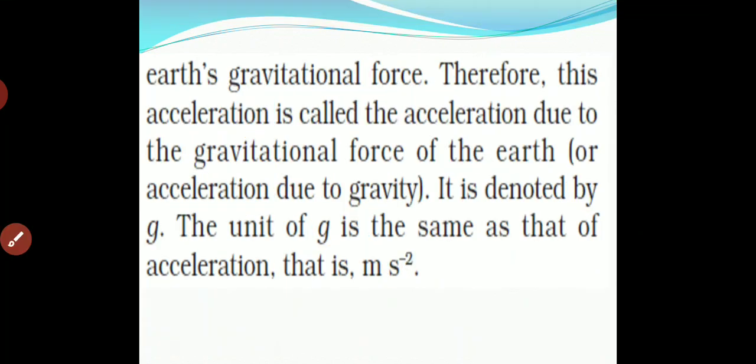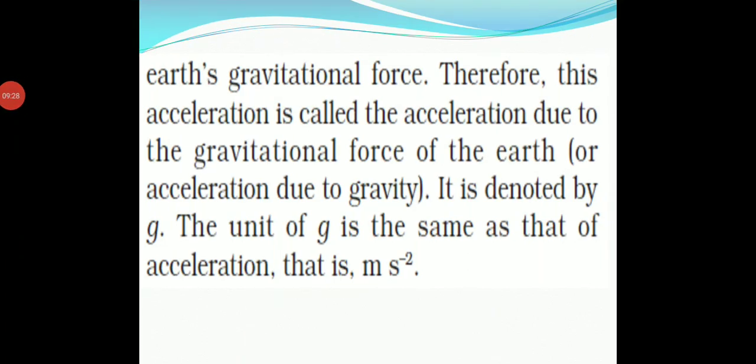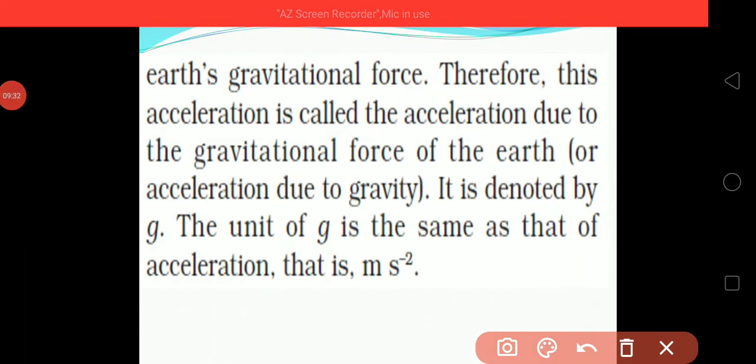This is acceleration due to the earth's gravitational force. It is because of the earth's gravitational force, and therefore this acceleration is called the acceleration due to gravitational force of the earth.